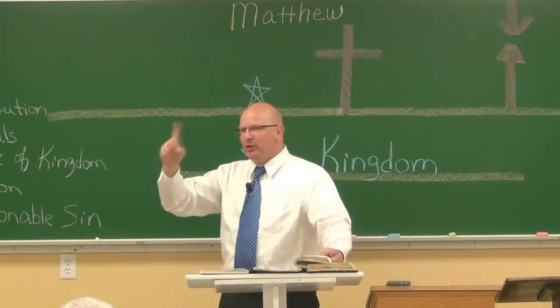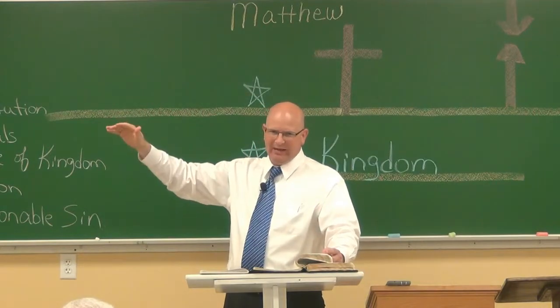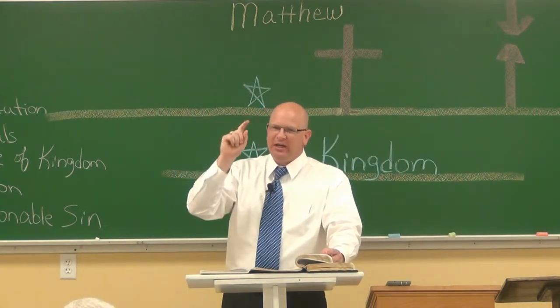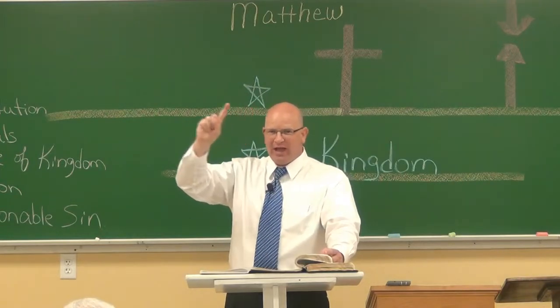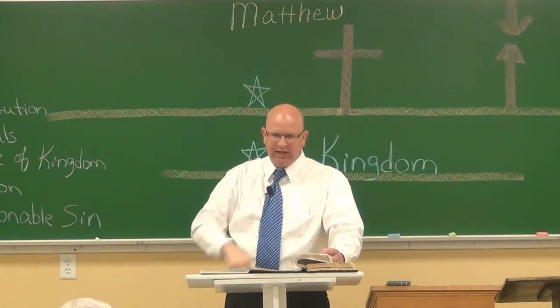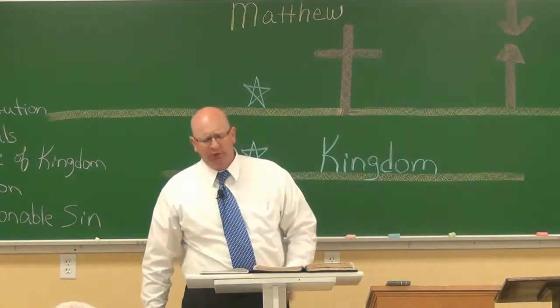David is the first human name in the New Testament. David is the last human name in the Old Testament. He's a picture, the type of Jesus Christ. Jesus is the first and the last, the Alpha and Omega. King David is the first human name, the last human name.